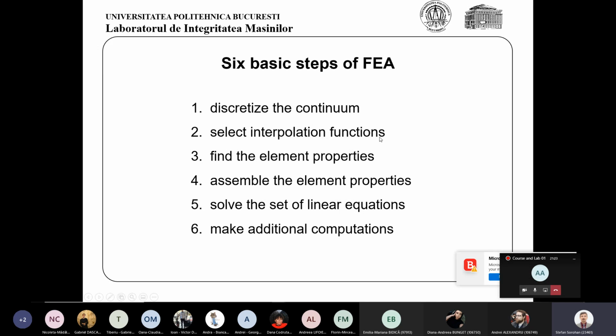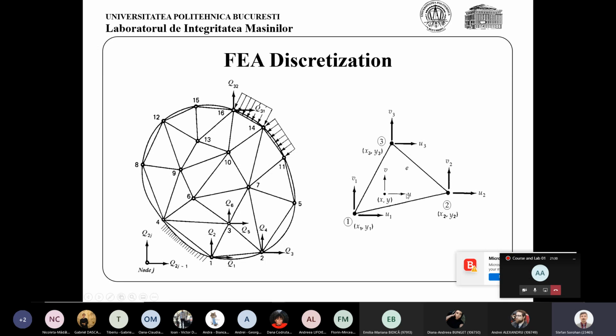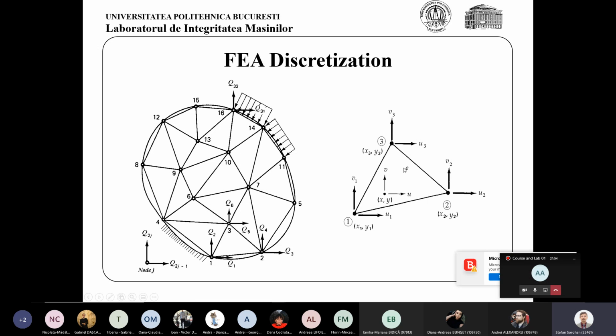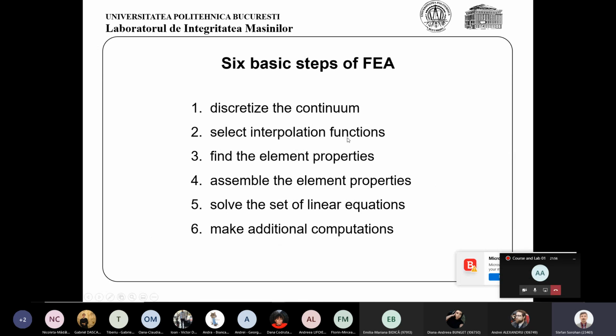You will see that these interpolation functions are usually polynomial functions. So we need to know the continuous displacement inside of this element as a function of nodal displacement, and this means I must select. I will make a choice. This is the reason why the finite element method is not an exact method. It is an approximate method because we make a choice, and this is arbitrary.